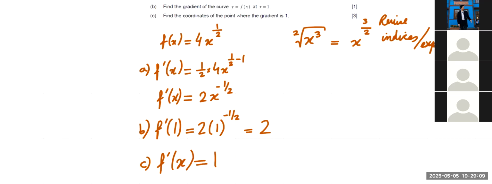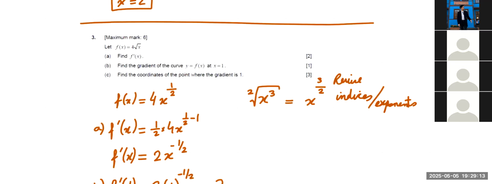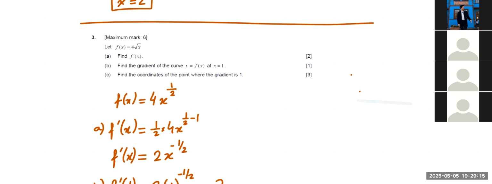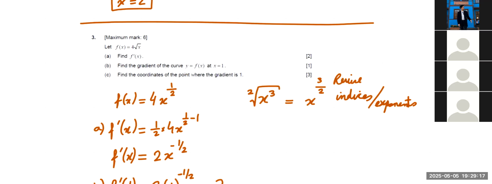Okay, so let's quickly go over the solution one more time. We have a function. First of all, we convert that function into the power form, the index form, because you cannot use the power rule to differentiate something unless you have the powers of all the variables. So root of x becomes x to the power of 1 over 2. This is from indices, so if you do not know this, revise those.